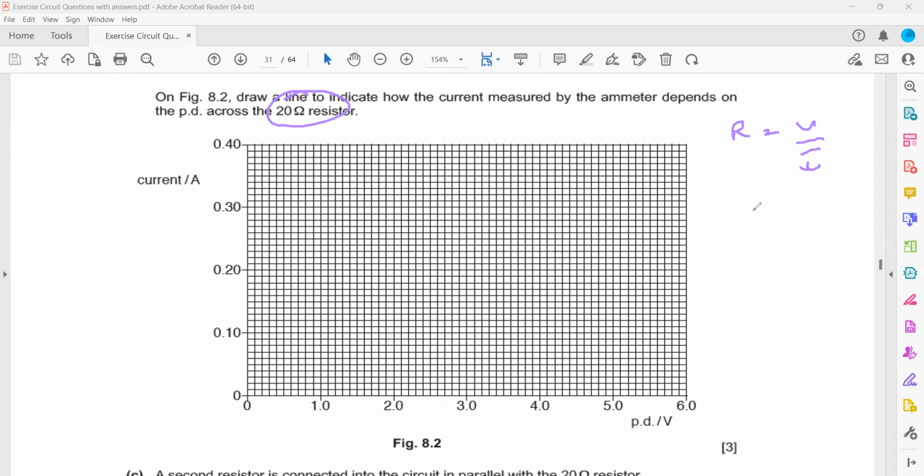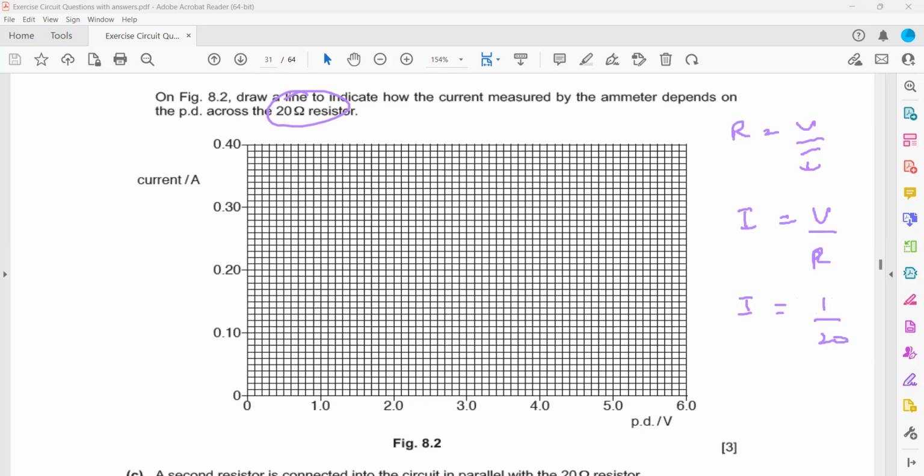So if it's a 20 ohm resistor, to find the current, the current will be voltage divided by resistance. If the voltage is 1 and the resistance is 20, because it's a fixed resistor, its resistance should not change.